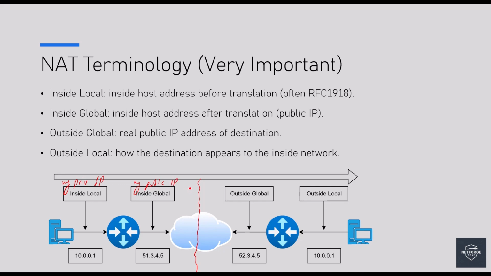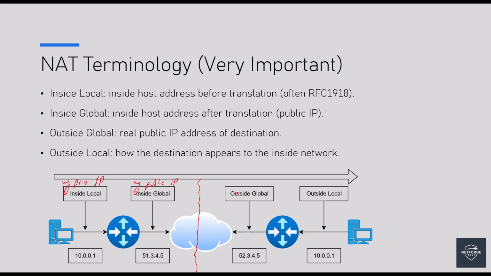Now, what are the outside local and outside global IP addresses? Outside local is again very similar to my IP address. This is the IP address of me that my NAT server sees. So most likely that's going to be the same thing, and most of the time you do not really care about the outside local IP address.